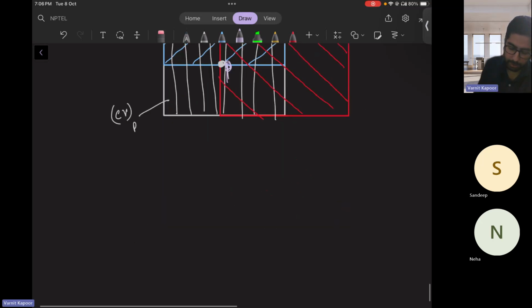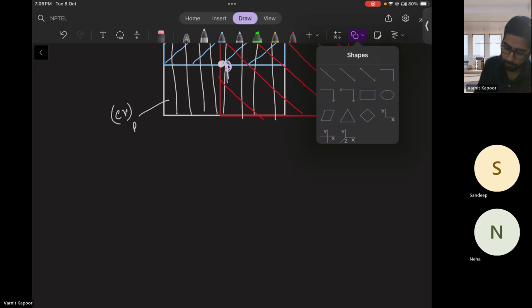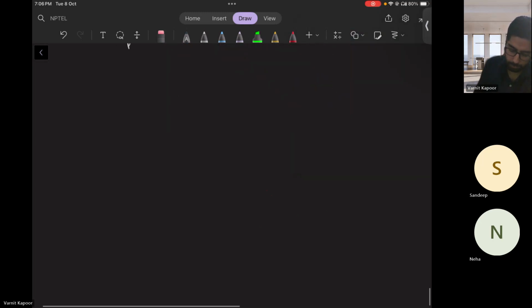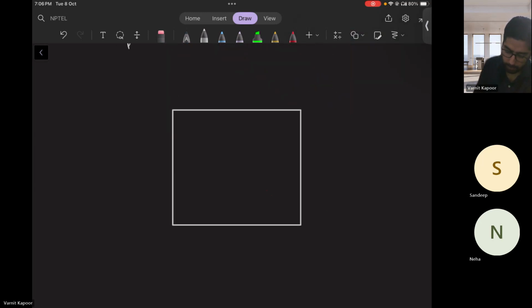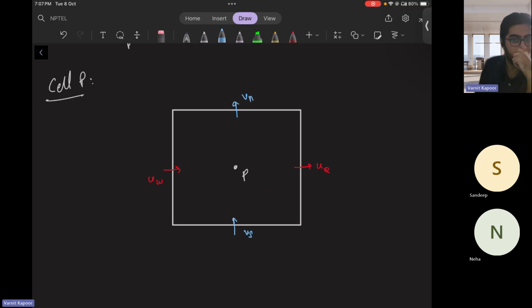So for your cell P, you have U east, U west, V north, V south, and pressure is being stored.